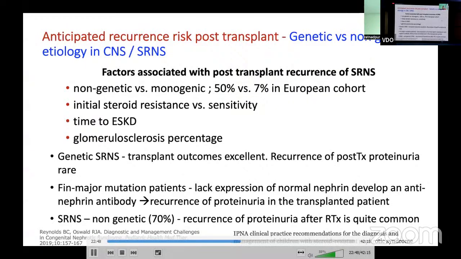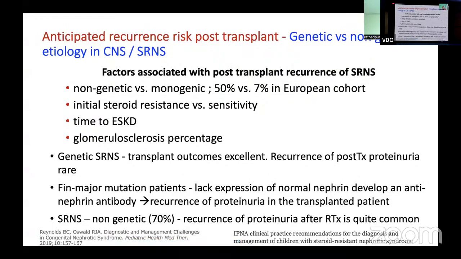So there are different reports up to 5%, 7%. However, if it is non-genetic, there are circulating proteins in the body which can cause a very high risk of recurrence of up to 50 to 70%. So I'm not going to talk about the other factors which you all are experts of, but really the genetic impact of this in steroid-resistant nephrotic syndrome is very, very essential to counsel these.